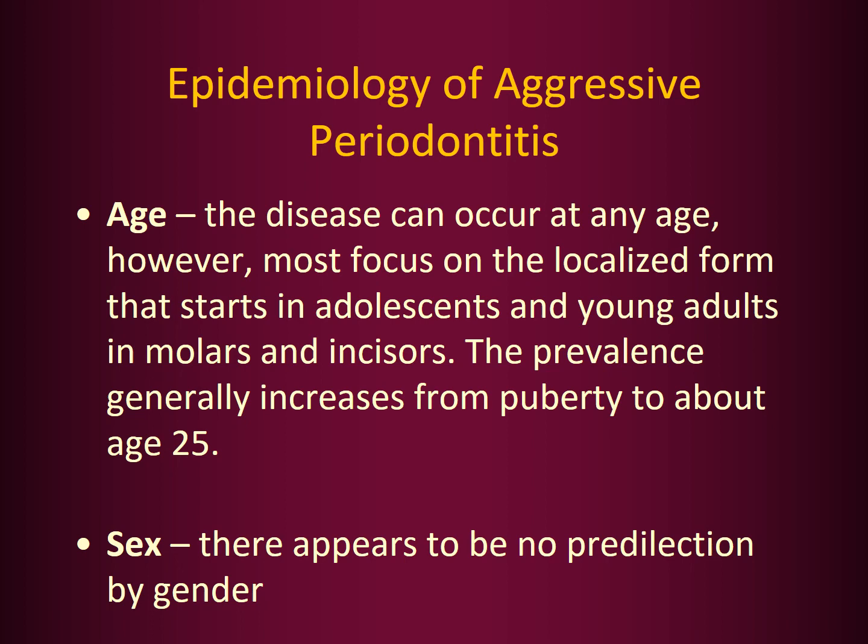How about gender? There appears to be no predilection by sex, so as many girls as boys tend to have the condition, so there doesn't appear to be any reason to evaluate individuals by gender at this point.